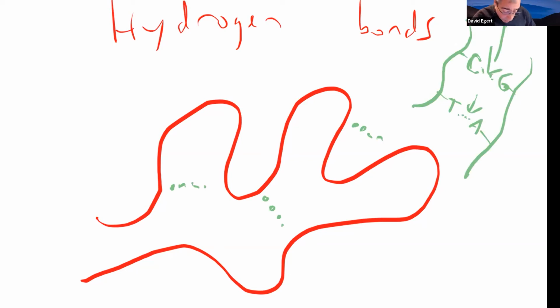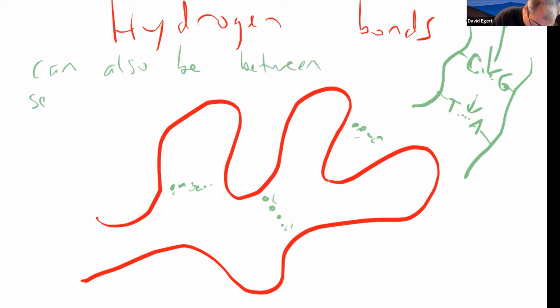Or often in proteins, you have hydrogen bonds stabilizing the structure of this big, complicated folded snake. So hydrogen bonds can also be between different parts of a very large molecule.